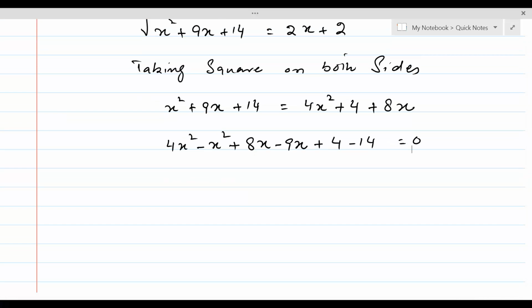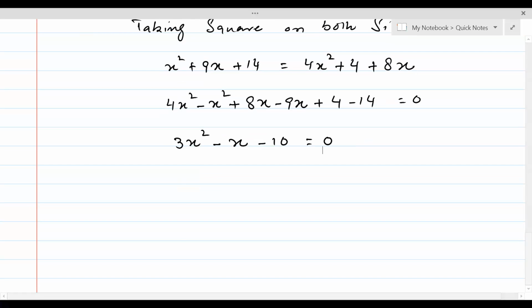So this gives us 3x squared minus x minus 10 equal to 0, which is a standard quadratic equation.